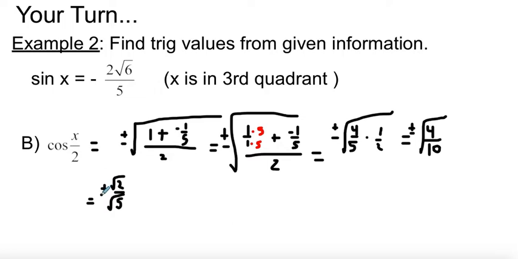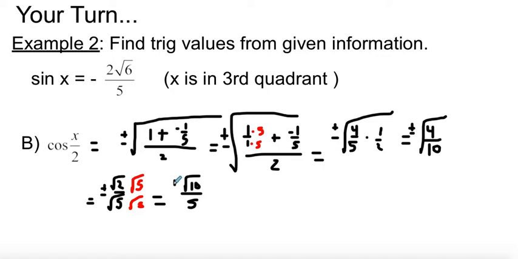And I can't leave that square root of 5 down there. So I have to multiply my numerator and denominator by the square root of 5. So really we end up here with the square root of 10, and the square root of 5 times the square root of 5 is the square root of 25, which is 5.